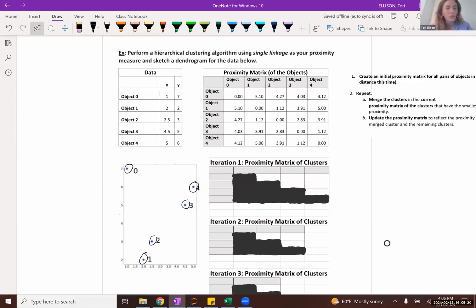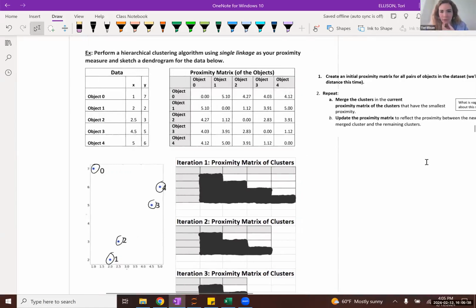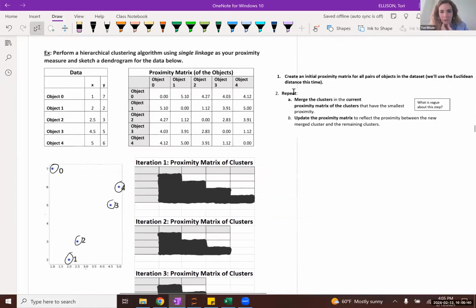And for ease, we'll just use the Euclidean distance. So this is basically a Euclidean distance matrix for each of the observations here. Okay, so the first iteration of the algorithm says we look at our current proximity matrix of the clusters, and we merge the two closest clusters based on this proximity matrix.